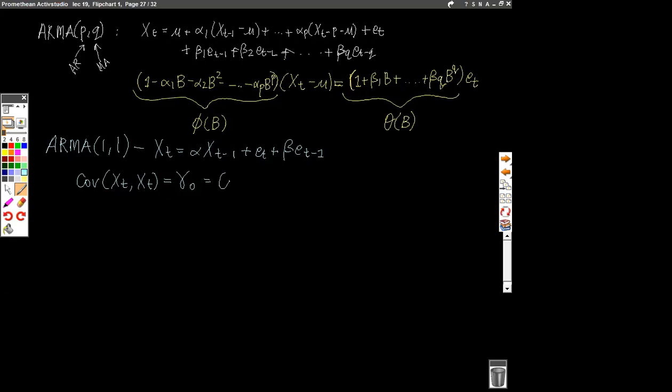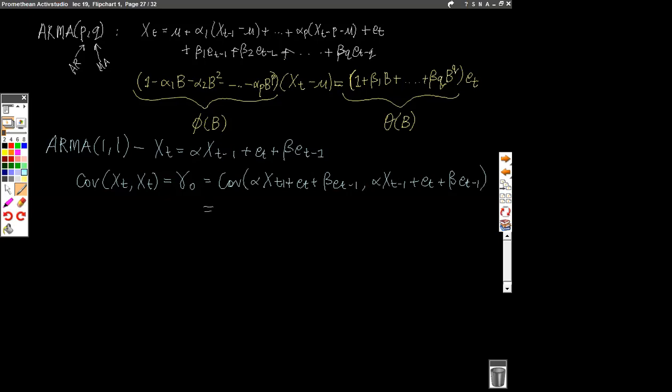So I can just rewrite this again. What I'll have is alpha xt minus 1 plus et plus beta et minus 1, and again, alpha xt minus 1 plus et plus beta et minus 1.